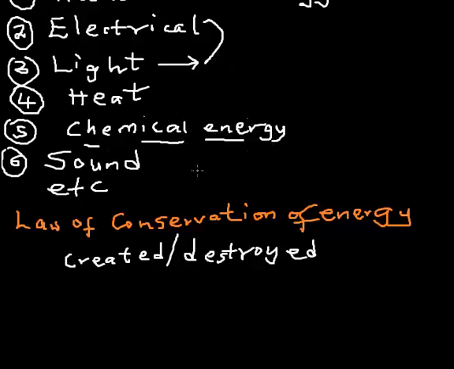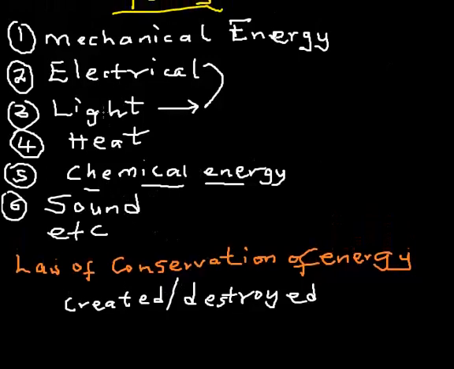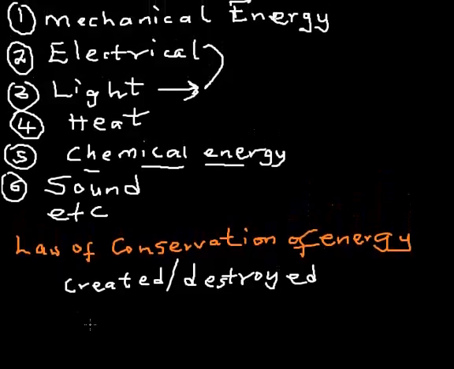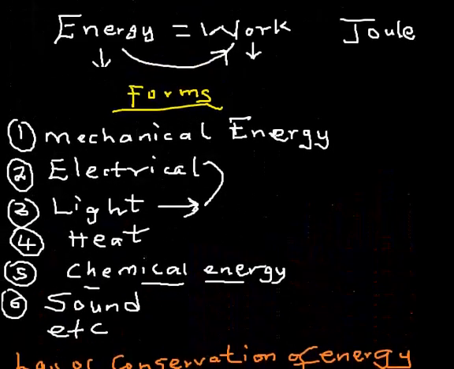So that chemical energy will be transformed into electrical energy. From the electrical energy now, it will now light your bulb into light energy. Right. So energy can neither be created nor be destroyed, but it can be converted from one form to another.